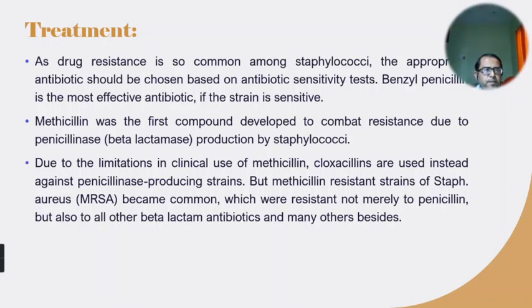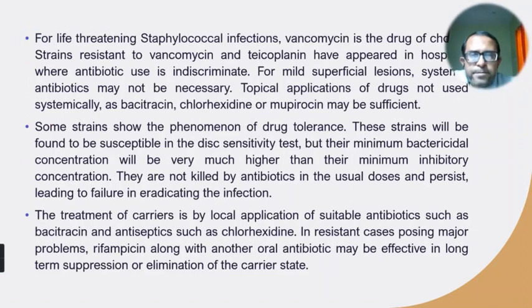But the methicillin resistant strains of Staphylococci have become common, which are resistant not merely to penicillin but also to other beta-lactam antibiotics and many other kinds of antibiotics. So, in such cases, other antibiotics should be used to treat this disease. Now, in life-threatening conditions of staphylococcal infections, vancomycin is the drug of choice.